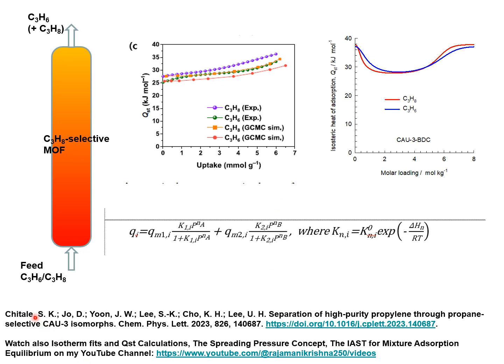I'll leave it to the authors of this paper from South Korea to ponder whether it is indeed meaningful to recalculate the heats of adsorption using their DSLF fits, which they have already used to determine the IAST selectivities.